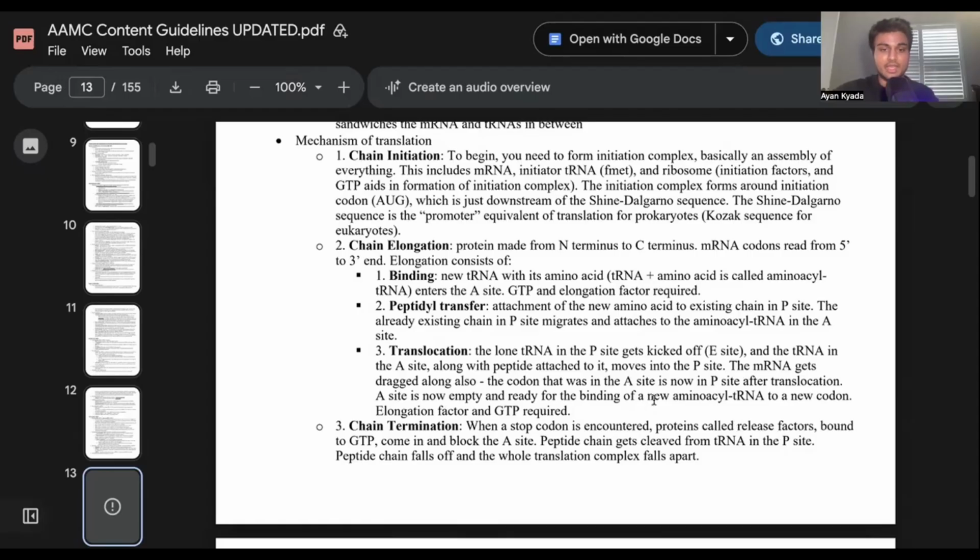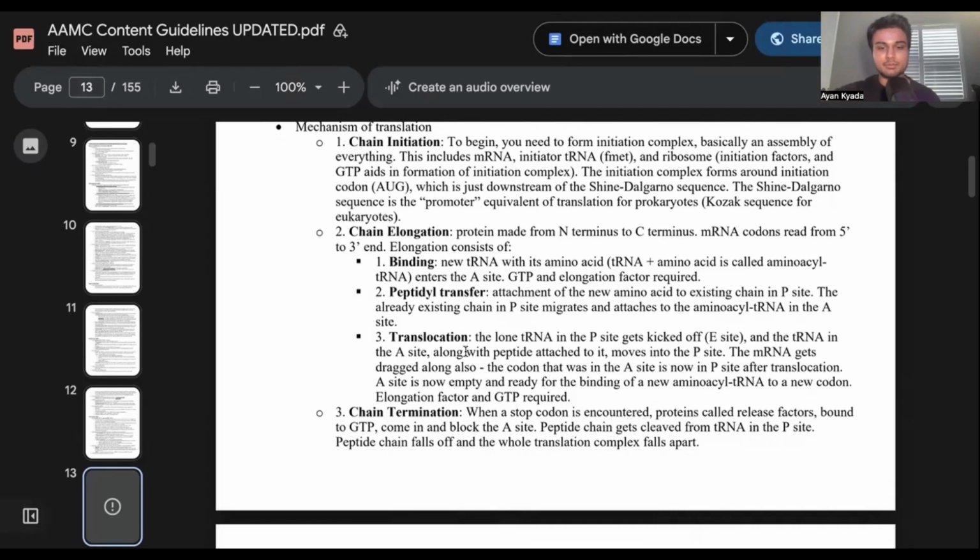And to translocate, which means shift, so enter the new tRNA, the new amino acid, and shift the old amino acid into the P site and into the polypeptide chain, you need GTP to activate the elongation factor. So translocation, again, just refers to the transition of the old amino acid to the P site and the new amino acid to the A site.